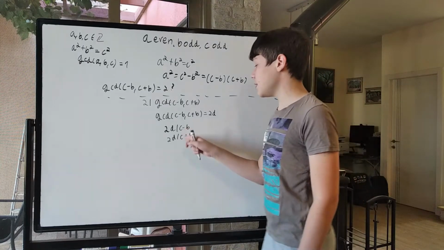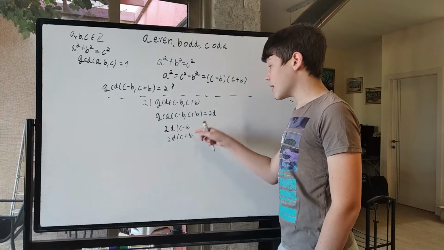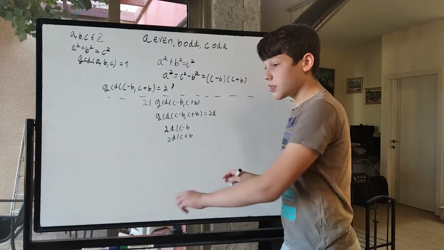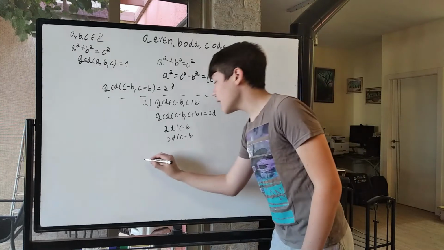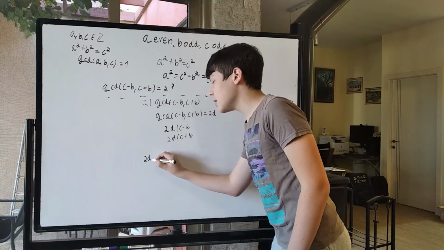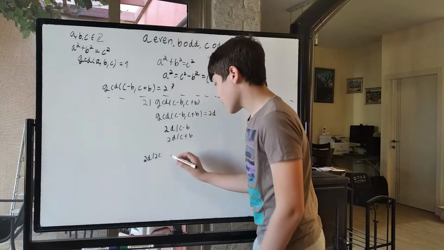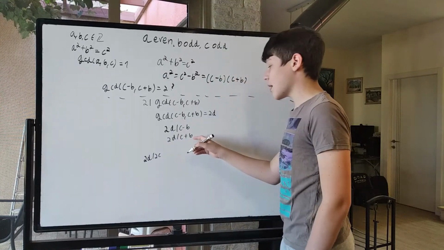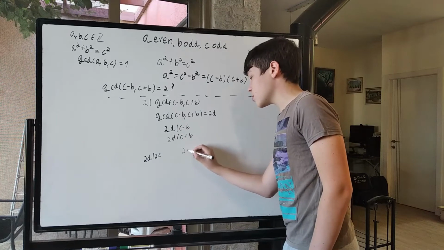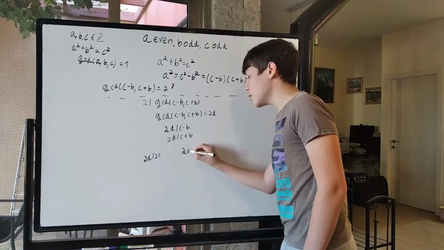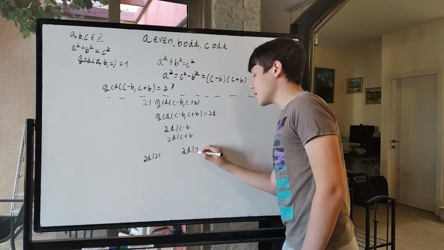Now, because these two divide 2D, we can sum them up. We can sum them and subtract them. If we sum them, we get 2D divides 2C. And if we subtract this from this, we get 2D divides 2B.